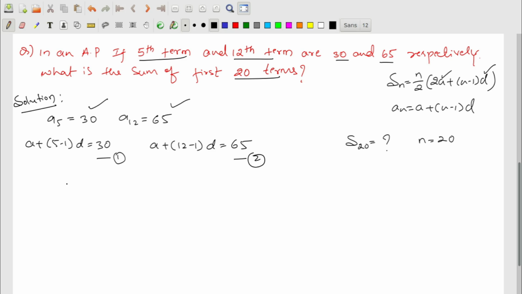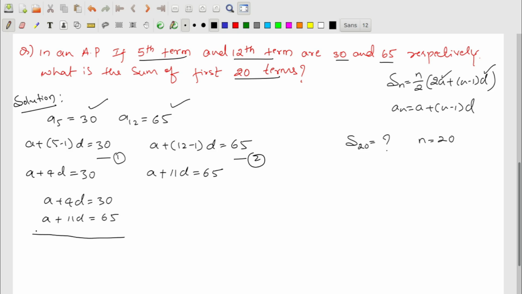Now how to get these A and D values? Solve these two equations, right? These are a pair of linear equations with the variables A and D. The same equations can be written as A plus 4D is equal to 30, and A plus 11D is equal to 65, right? So you can use the elimination method.